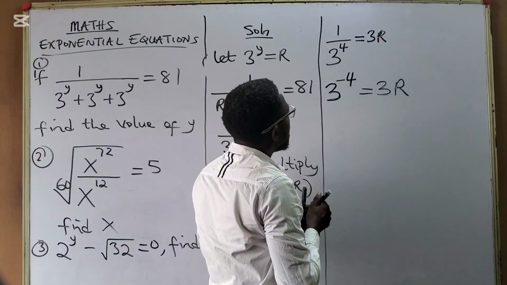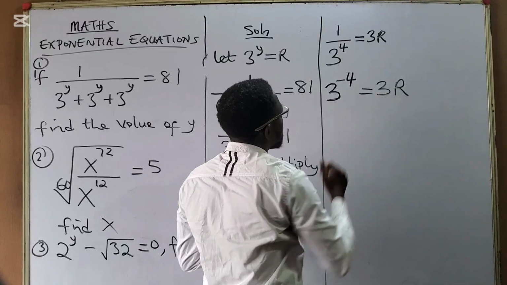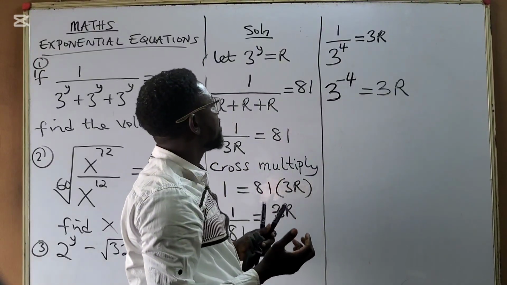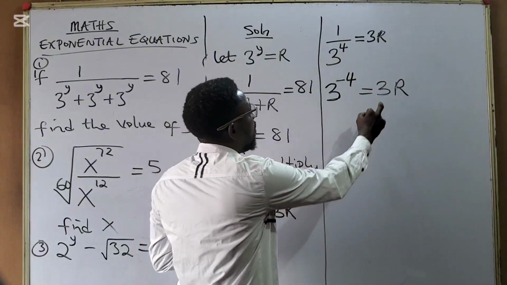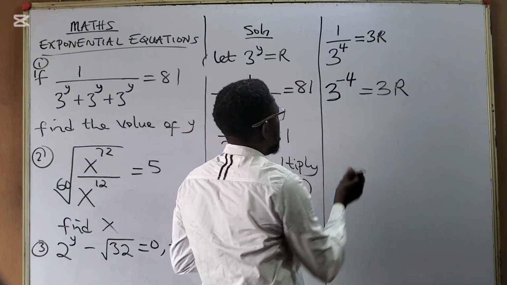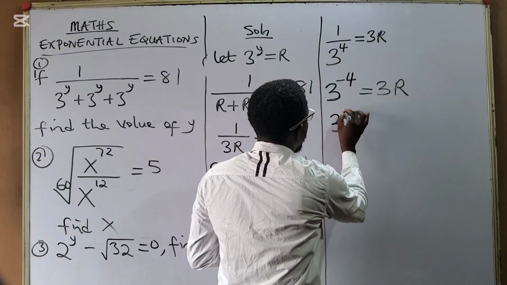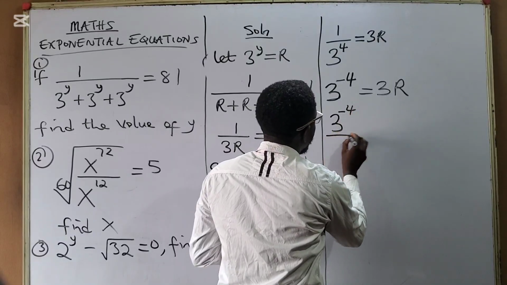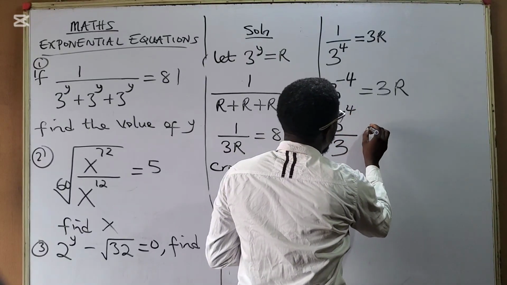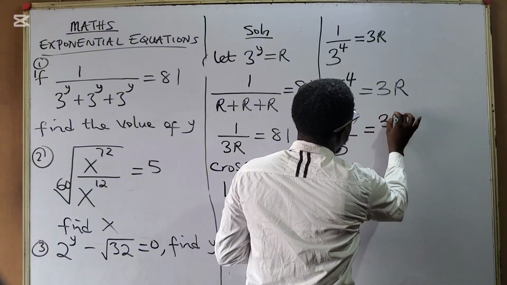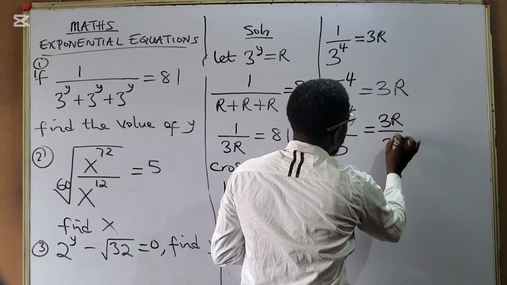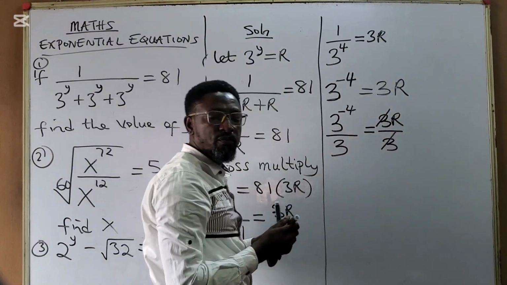Okay, the next thing I'll do is to find a way to cancel out this 3. I can divide both sides by 3. Now if I divide both sides by 3, I'll get 3 raised to the power minus 4 divided by 3 equal to 3r all over 3. So this one can cancel this one here.